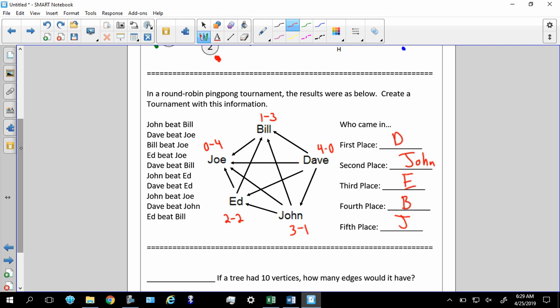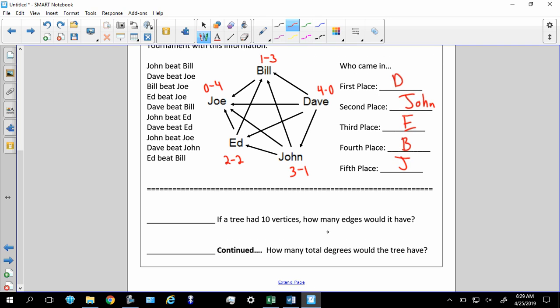Awesome. All right, if a tree had 10 vertices, how many edges would it have? This is something that's different. We've never really had this question, so I'm going to invite you to draw it out. 10 vertices: 1, 2, 3, 4, 5, 6, 7, 8, 9, 10.